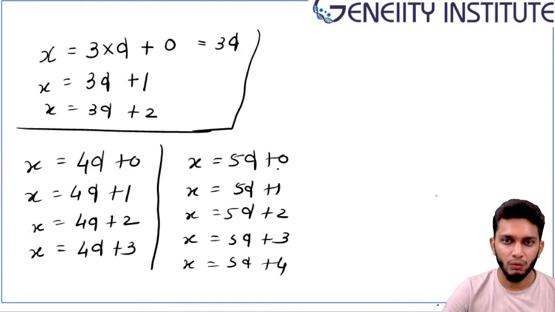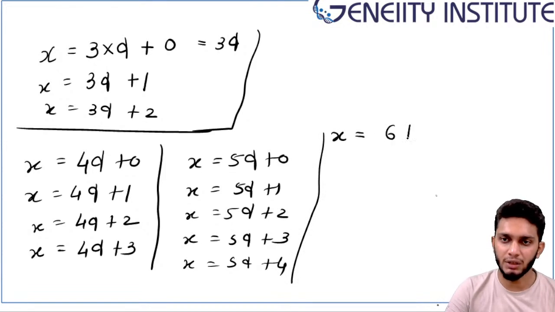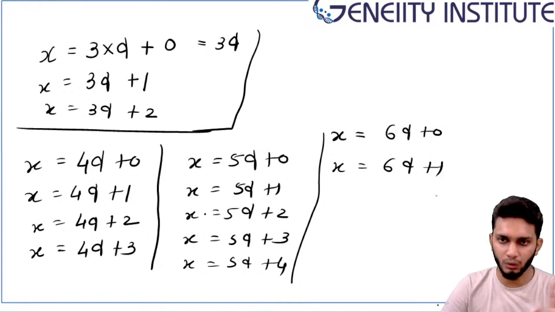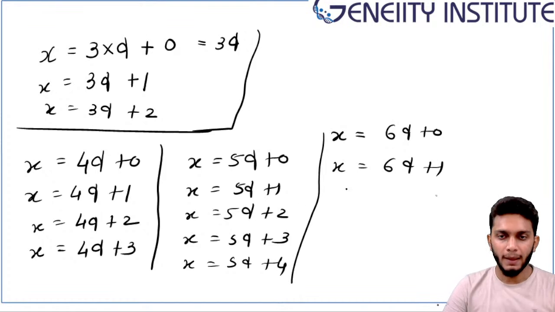The same thing will happen in 6. When you divide x by 6, then 6q plus 0 is remainder 0. When you get remainder 1, then 6q plus 1. The quotient is always q.